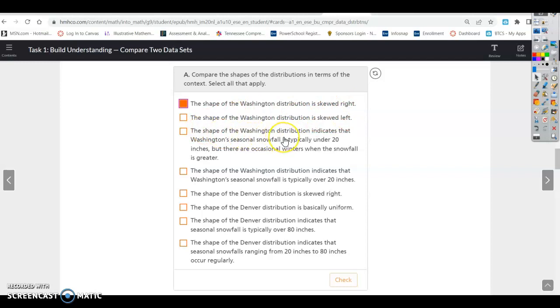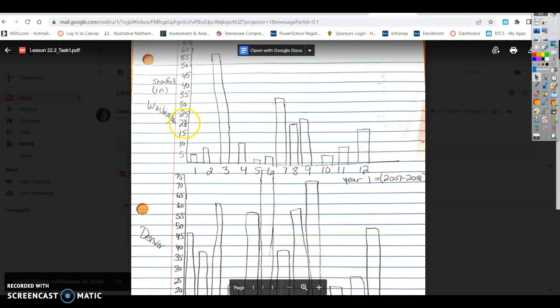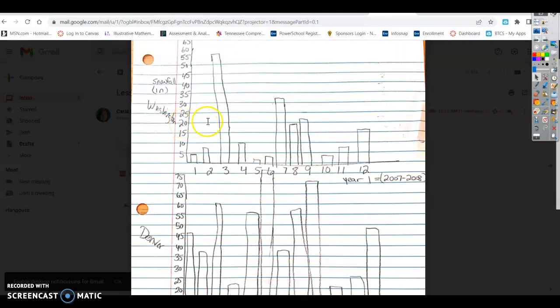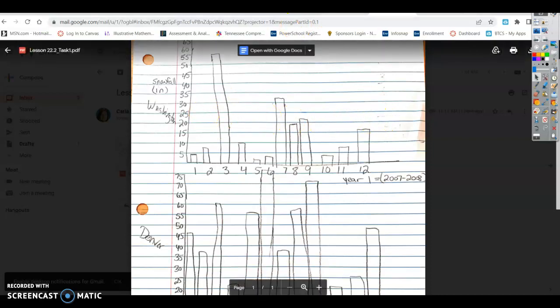The shape of Washington's distribution indicates that Washington's seasonal snowfall is typically under 20 inches, but there are occasional winters where snowfall is greater. So if you look here, you can see this is 20 inches, and you can see pretty much all but 2, maybe 3 years is below 20 inches.